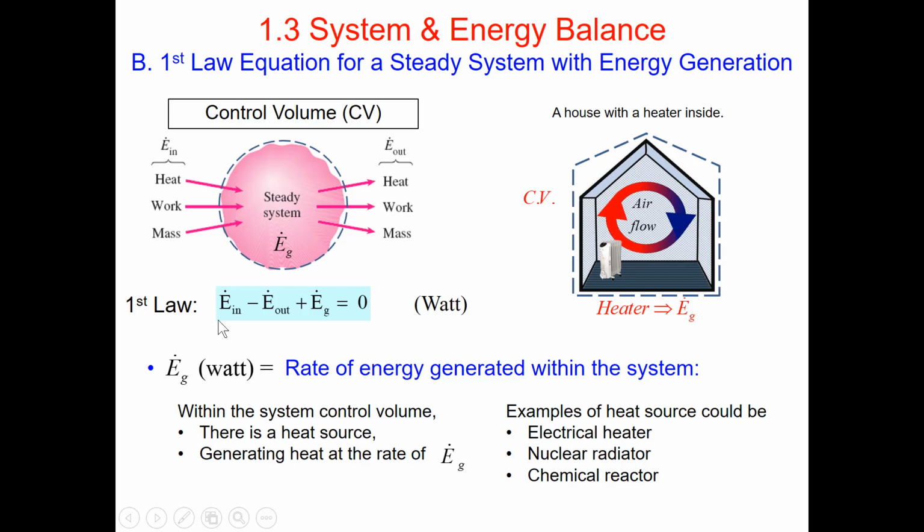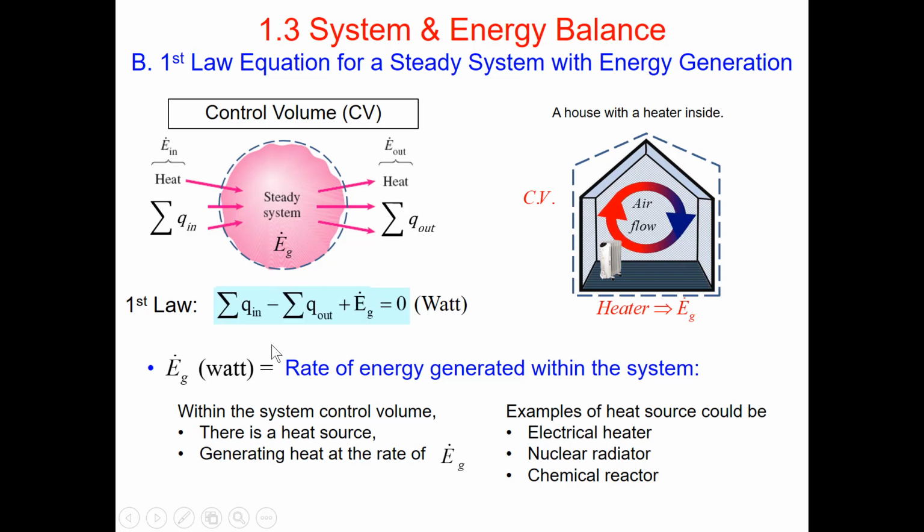Now, if we put all energy together, the first law states that all the energy into the system minus all the energy out of the system plus the energy generation equals 0 for a steady system.